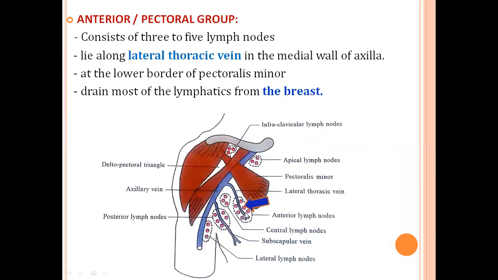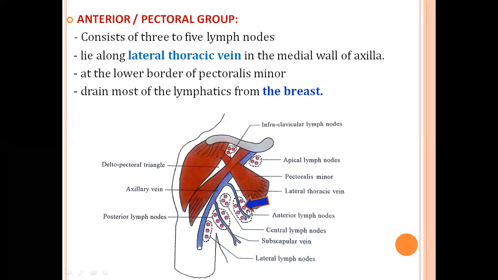Now see here, this is the anterior pectoral group, consisting of either 3 or 5 lymph nodes. They lie along, what is the name of this vein? Lateral thoracic vein, in the medial wall of the axilla at the lower border of the pectoralis minor. It drains most of the lymphatics from the mammary gland, the anterior group.